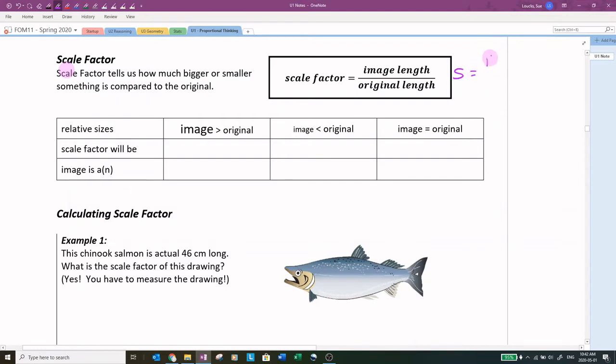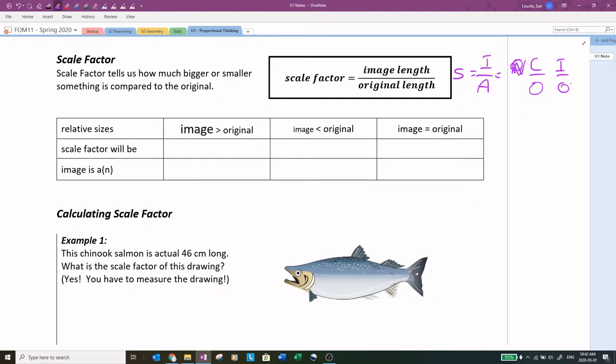Scale equals image over actual. Some people do copy over original, or image over original. You can pick what you want as long as you're writing one of them. I don't like the original because it looks like a zero, so I try and avoid that.